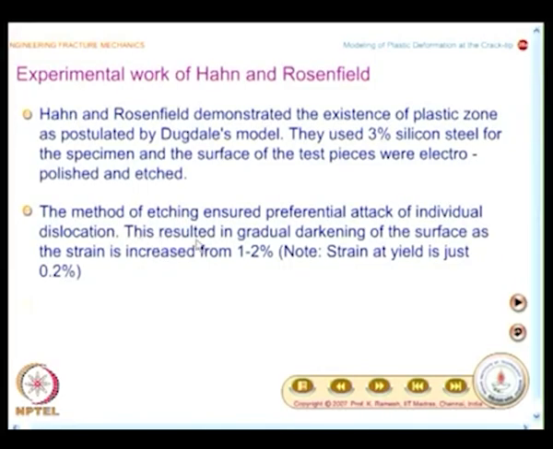The etching has resulted in gradual darkening of the surface as the strain is increased from 1 to 2%.